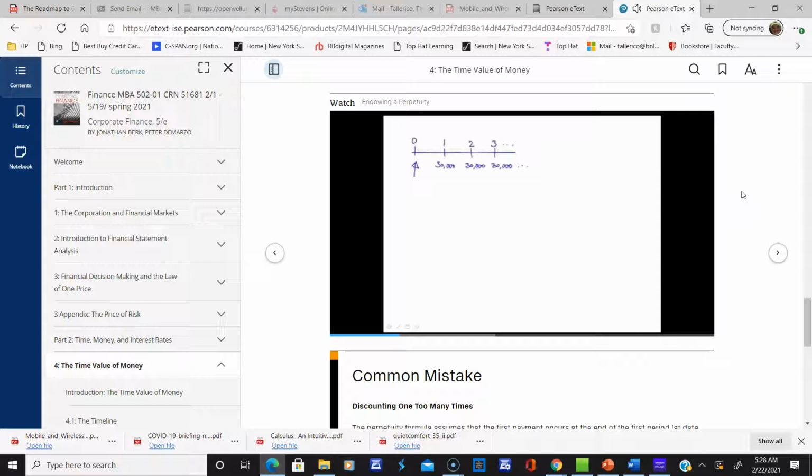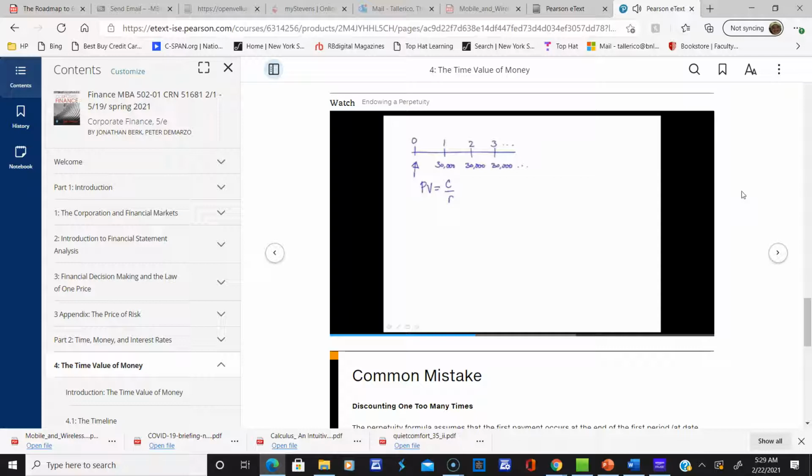What we're talking about is essentially the present value of an infinite stream of cash flows. There are two things to remember. One is that it can have a finite value, and the other is that the formula is elegantly simple. As we learn in the text, the formula for the present value of a perpetuity is just present value equals cash flow over R, where R is the interest rate they'll be earning on the money you donate to them.